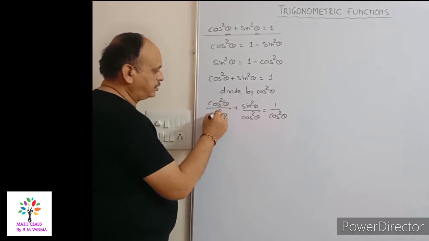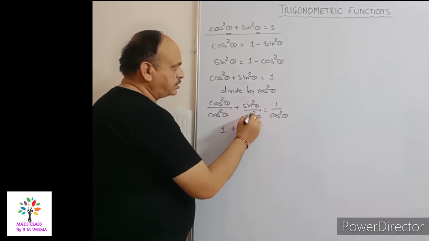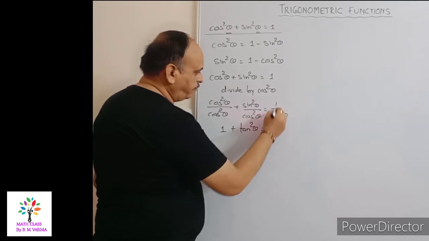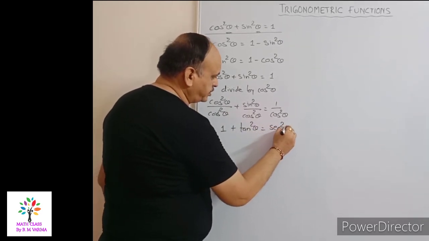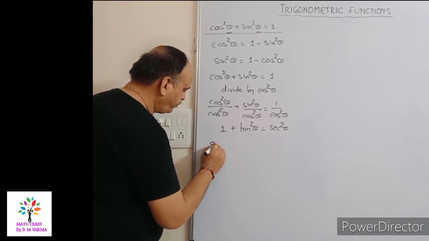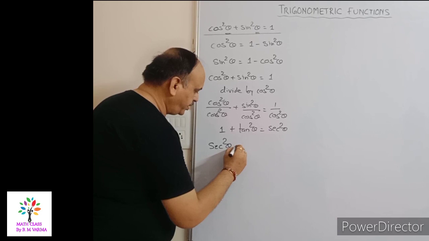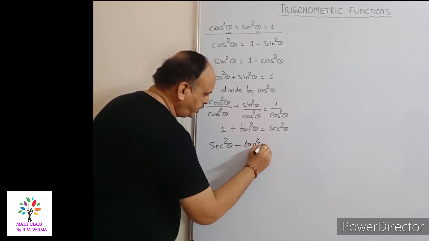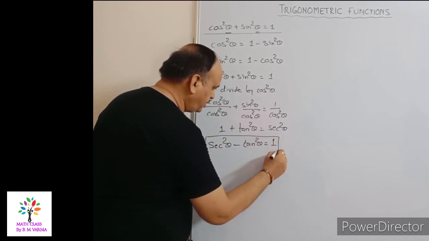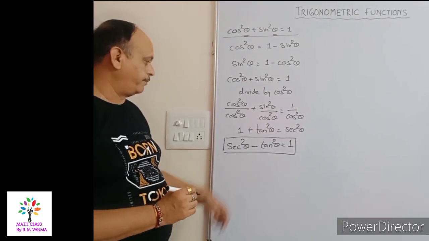This cancels, so it is 1. Sine upon cos, as we have studied, is tan, so it is tan square theta. And 1 upon cos is sec, so sec square theta. Now if I rearrange this, sec square theta minus tan square theta equals 1. So you get an identity normally used in this form: sec square theta minus tan square theta is 1.